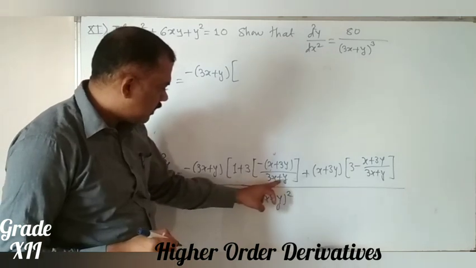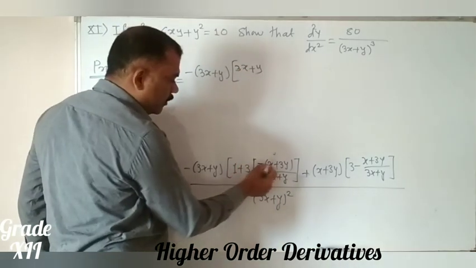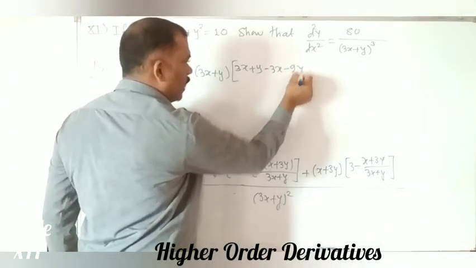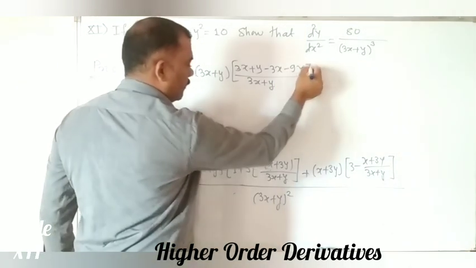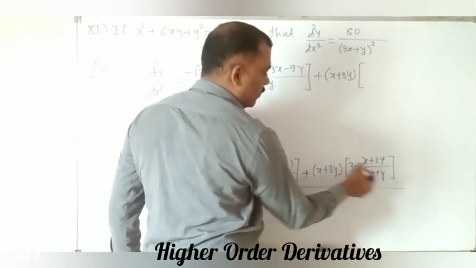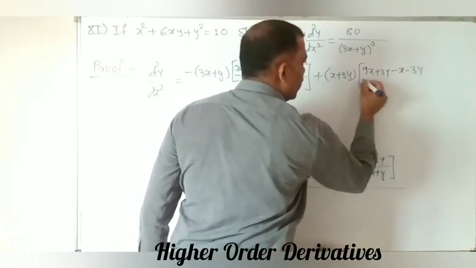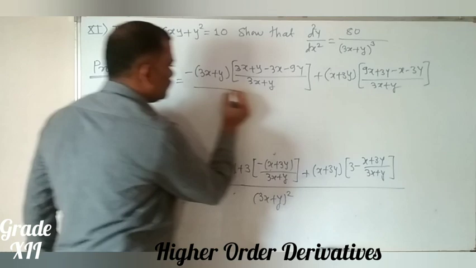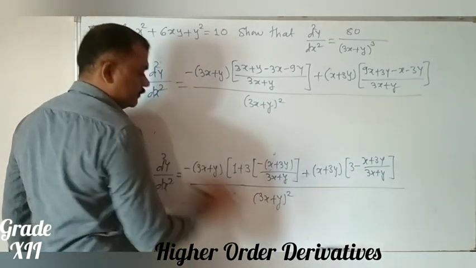We have to equalize the denominator, so 3x plus y we multiply with this 1, and 3 we multiply with this minus sign, that is minus 3x minus 9y, divided by 3x plus y as it is, plus (x plus 3y) into, we multiply on this side, 3 into this one, 9x plus 3y minus x minus 3y, divided by 3x plus y, divided by this denominator square, that is (3x plus y) whole square.